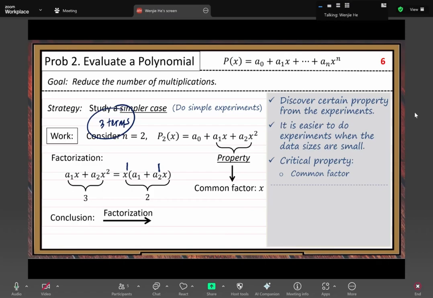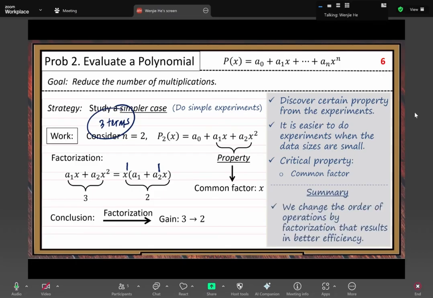Because of this important operation, factorization. So our gain is the result from 3 to 2. Nice reduction. Although not much, it's quite encouraging. Summary.